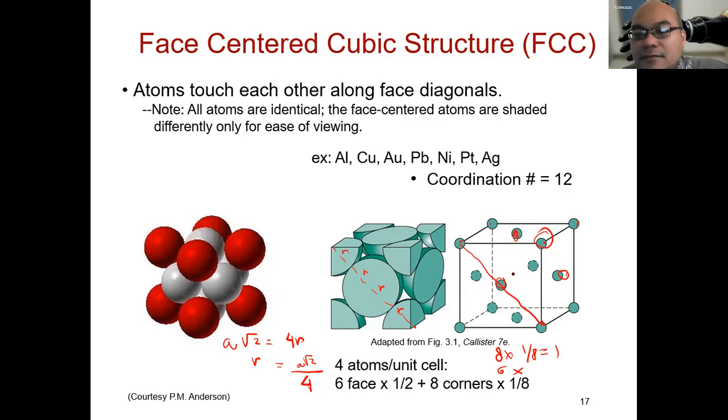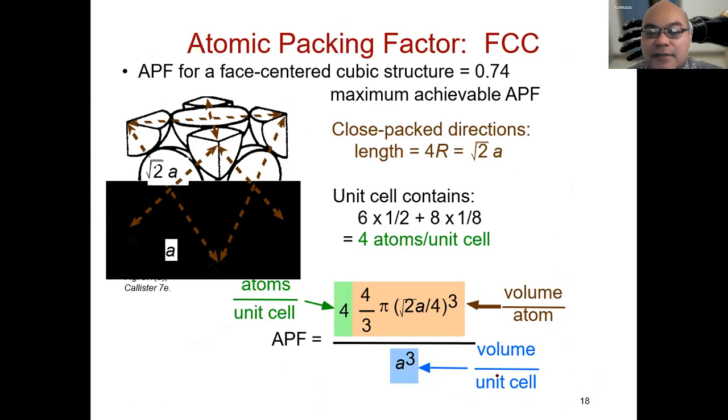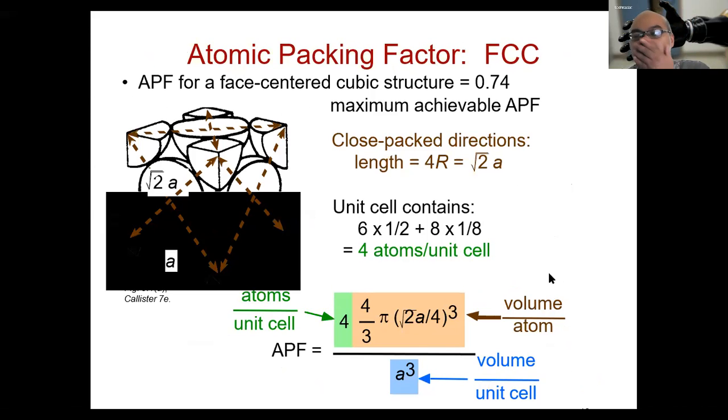So each of these atoms contributes only half per unit cell. So this equals 3. So the total number of atoms per single unit cell is 4. This is 6 atoms at the face times the half share per unit cell, plus 8 at the corner times 1 over 8 per unit cell.